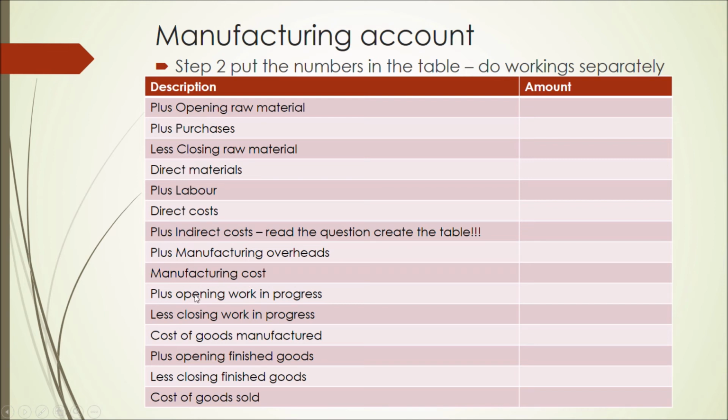We've then got this adjustment for our opening and closing work in progress that gets us to our cost of actual finished physical goods that went into our warehouse to store our goods. Let's say our chairs that we're producing. We then add on plus the opening finished goods less the closing finished goods gives us the cost of goods sold. That's it there though.